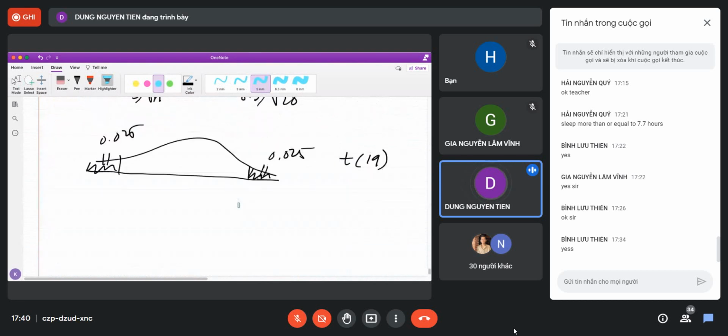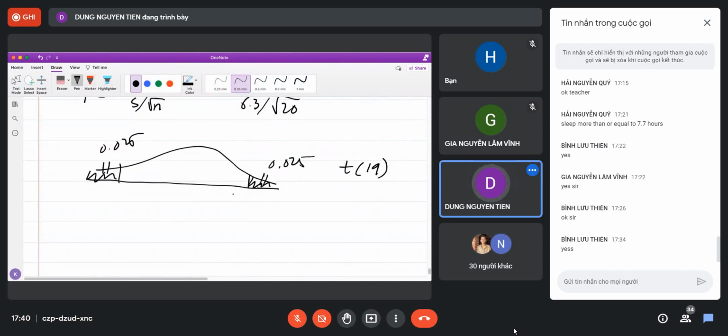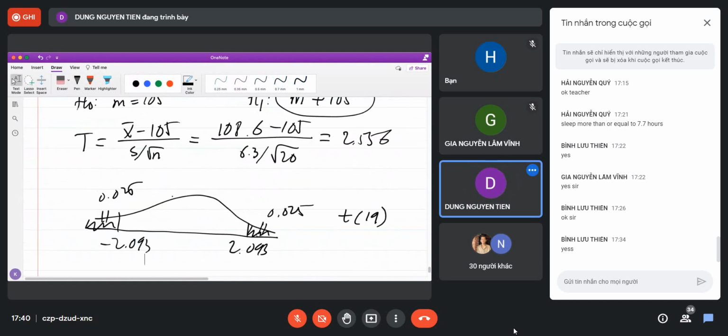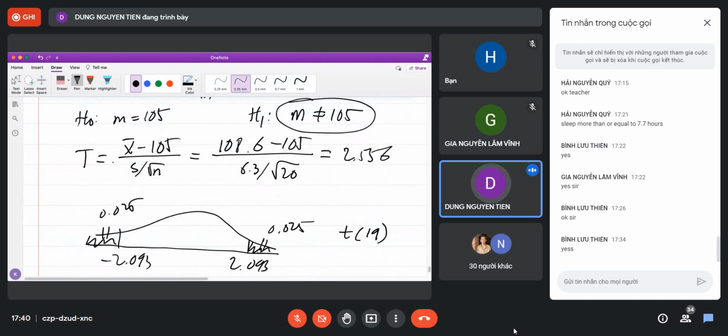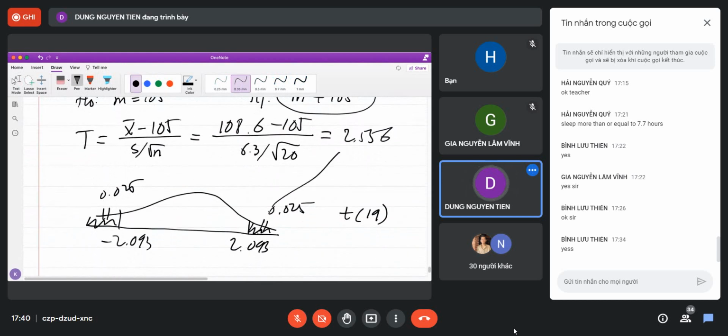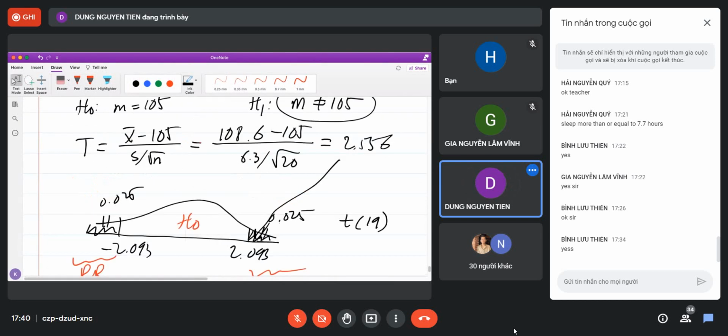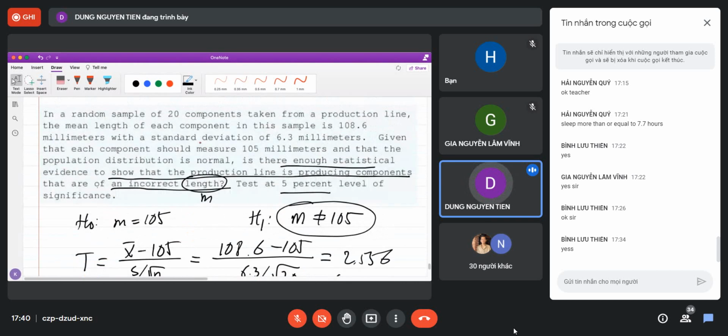So you go back here to get 2.093 for that, minus 2.093. You check to see that the t value belongs to this interval. It belongs to the rejection region. Therefore, we can reject the null hypothesis, right? Which means that we can conclude that the production line is producing components that are of an incorrect length.